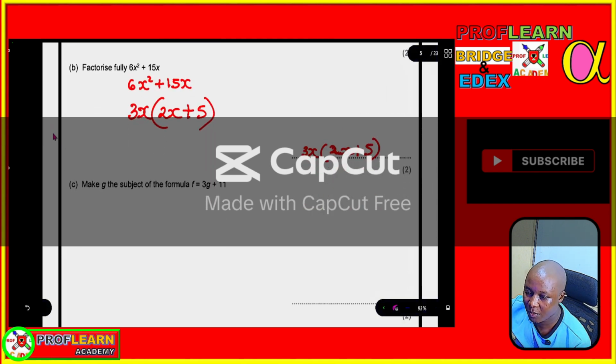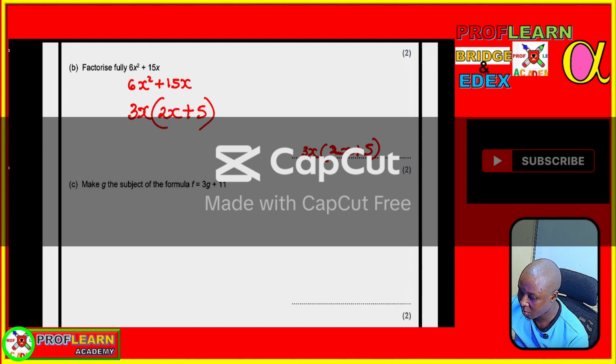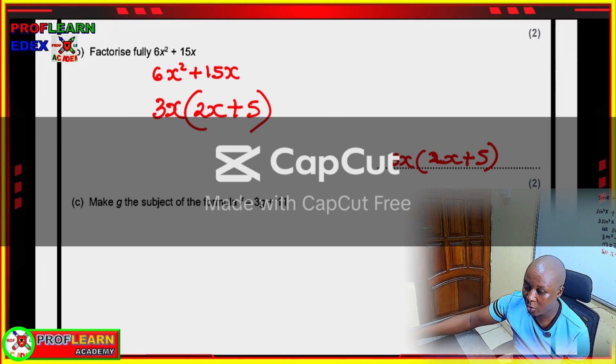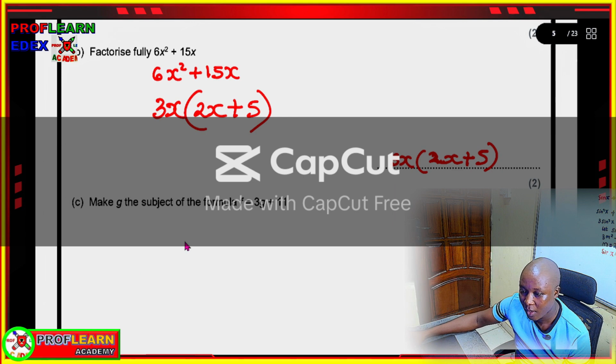Making g the subject of the formula. You need to know how to make subject, so that is another area that probably will be tested in this coming exam. You have to know how to make subject so that you can prepare well for that particular exam. So we're going to say this is 3g plus 11 is equals to f.